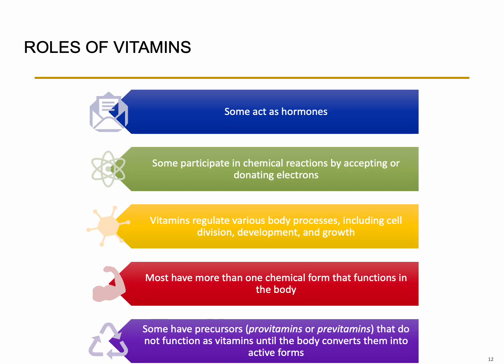Vitamins have a wide variety of functions in the body, so we'll talk about these on an individual basis, but overall, a couple brief things. For instance, mentioned here, donating electrons. That's how antioxidants function. You have vitamins involved in bone health.